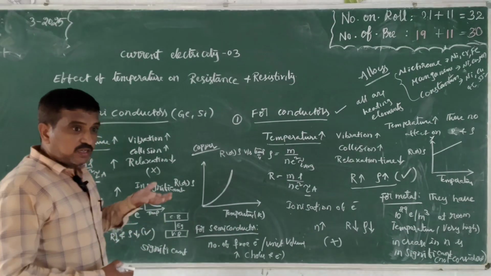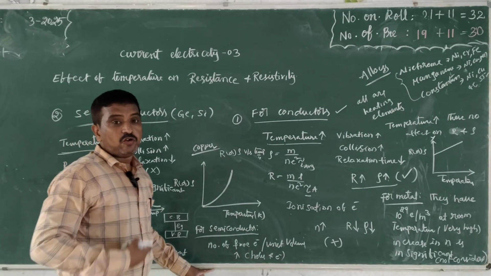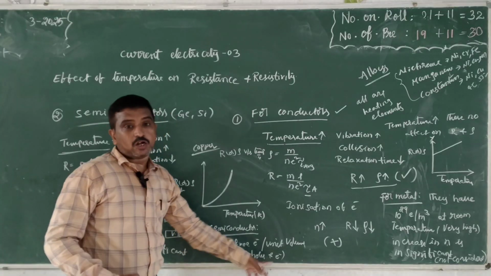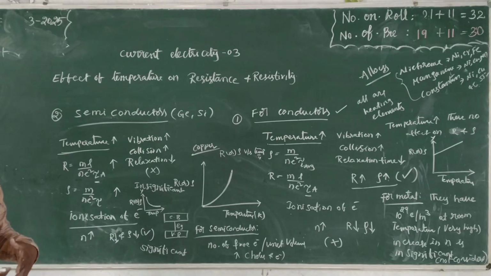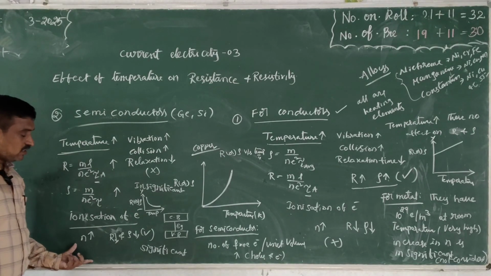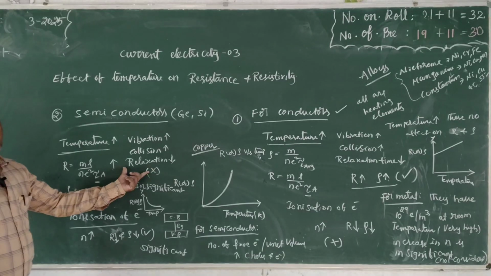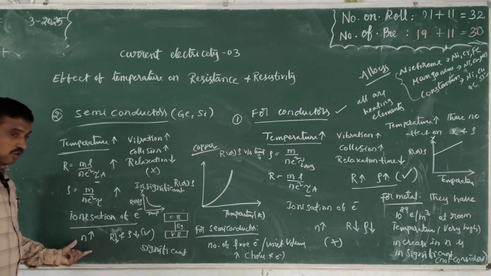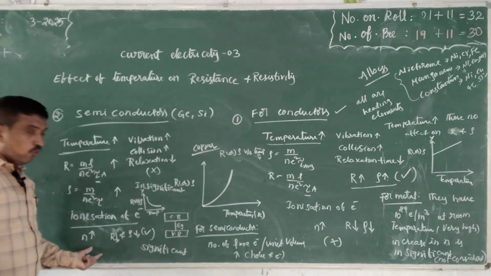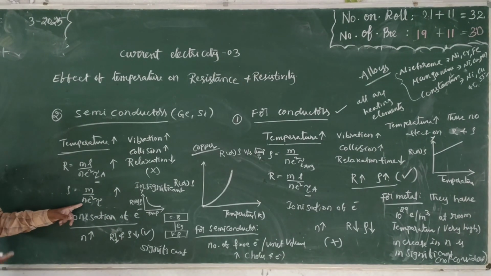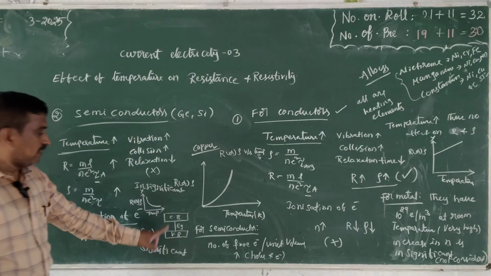When temperature increases, n value increases because of holes and electrons, extremely compared with initially. So ionization dominates the decrease in relaxation time. That's why n increases, and resistance and resistivity decrease.